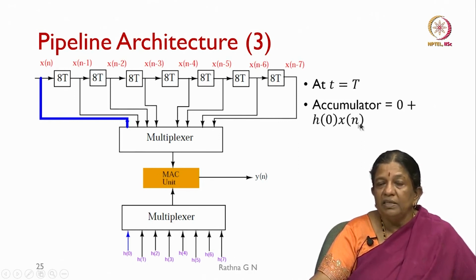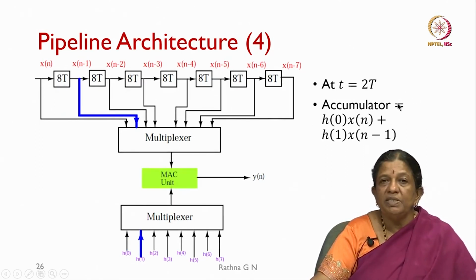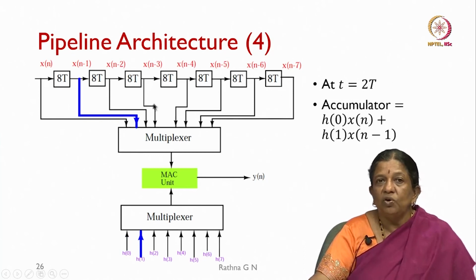So, they get multiplied here and then added with the previous value in the accumulator. So, what happens at 2T? You will see that whatever data x of n was here gets moved to here. This x of n minus 1 in the next clock cycle becomes the input, and then you have to multiply it with your h of 1.